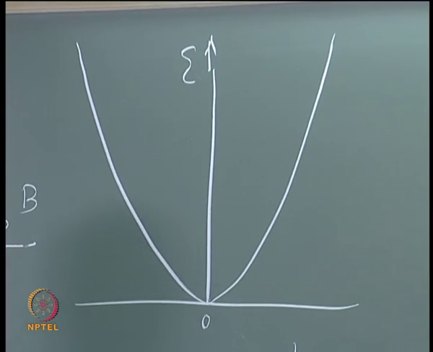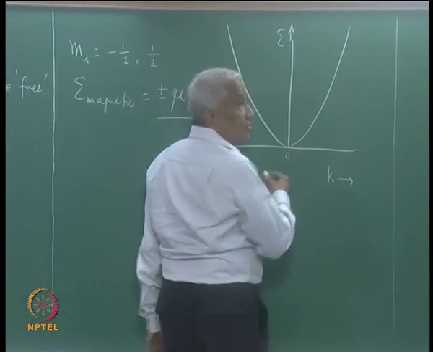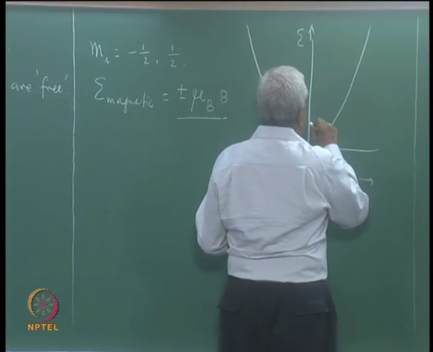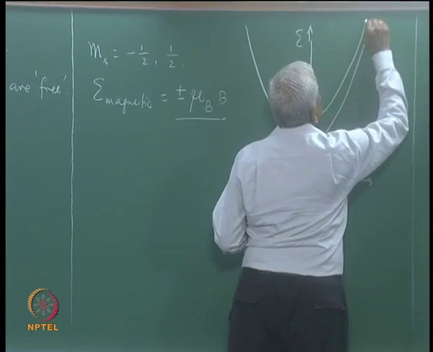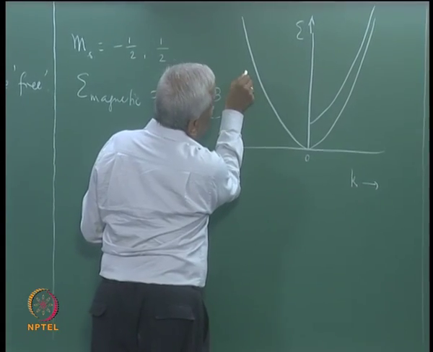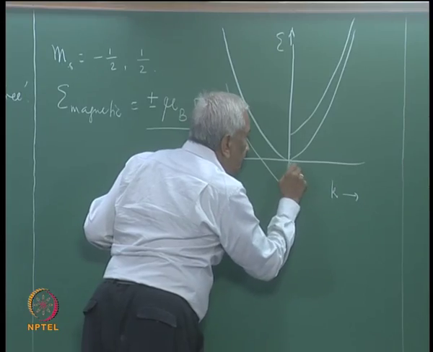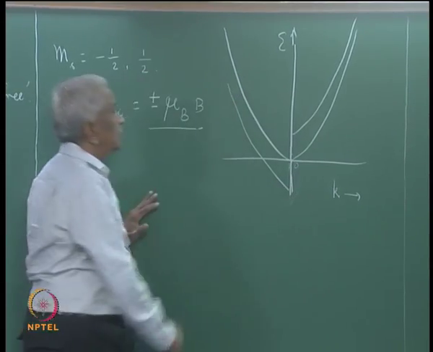Now the ones with anti-parallel orientation will go up in energy, while those with parallel orientation will go down in energy. So, that will be the situation.